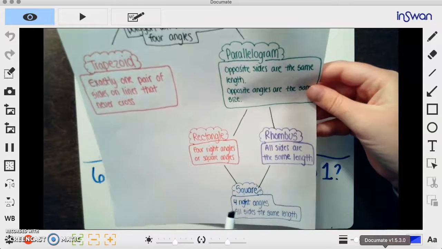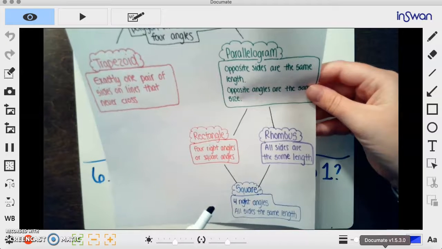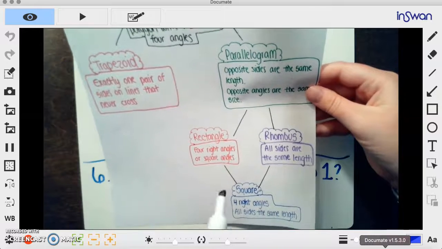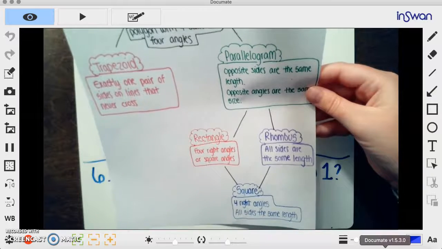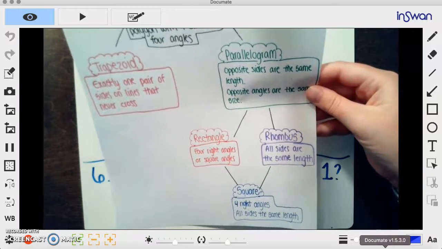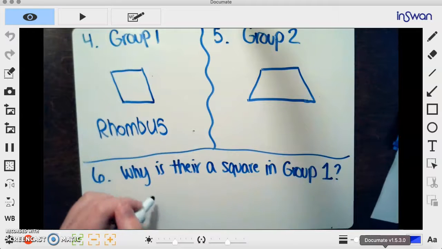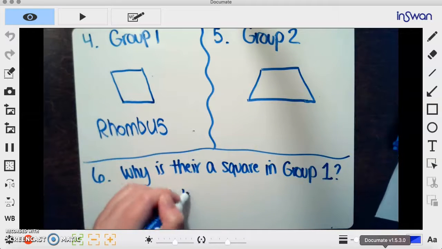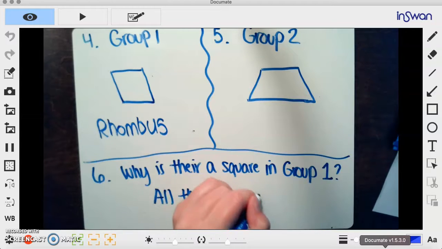In squares, all sides are the same length and there are 4 right angles. So all squares are rhombuses, but not all rhombuses are squares. So why is there a square in group 1? Because all the sides are equal.